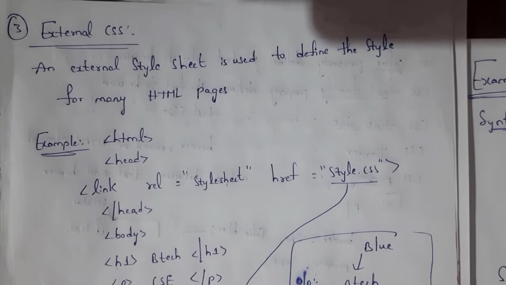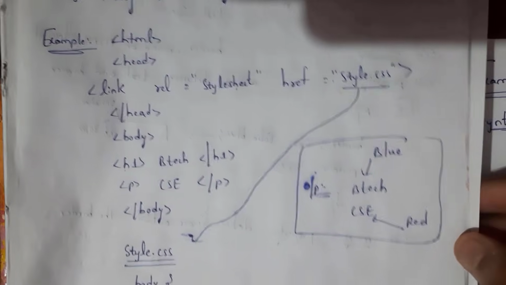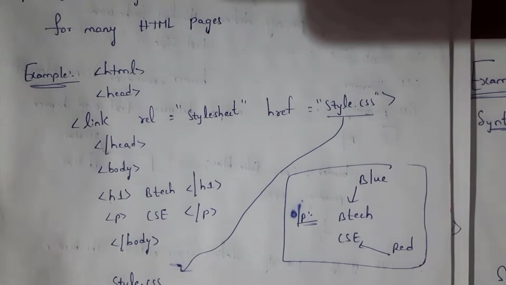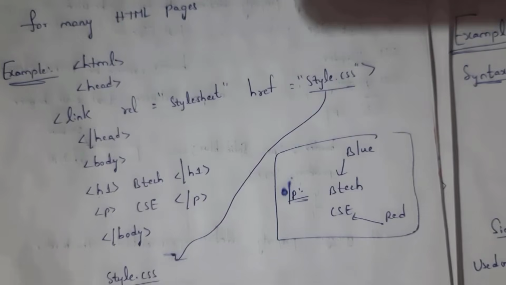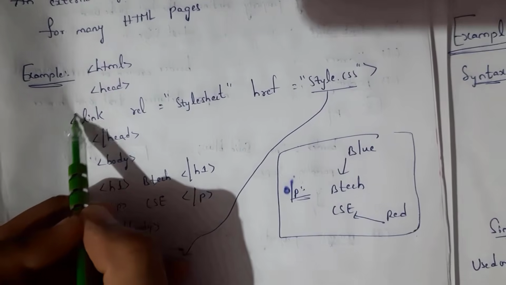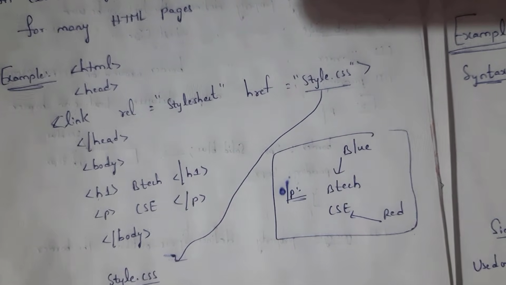The third one is external CSS. In external CSS, we need to write a separate HTML program and a separate CSS program. Both are separate: HTML is one file and CSS is another file. Here I took HTML, and inside the head we need to write the link tag, because we need to link this HTML document with CSS.